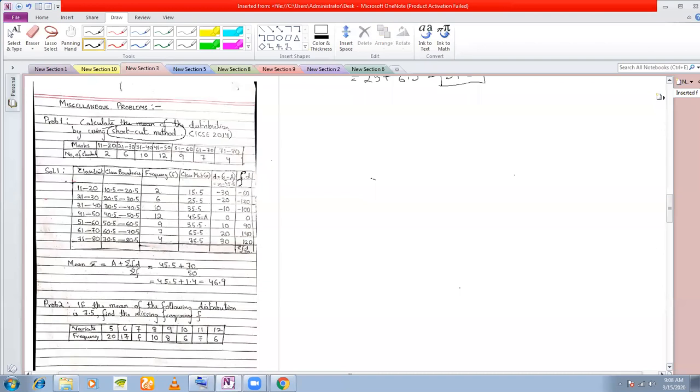So make the column for F into D, the frequency into the deviations. 2 into minus 30 will give you minus 60. 6 into minus 20 will give you minus 120. 10 into minus 10 will give you minus 100. 12 into 0 will give you 0. 9 into 10 will give you 90. 7 into 20 will give you 140. 4 into 30 will give you 120.